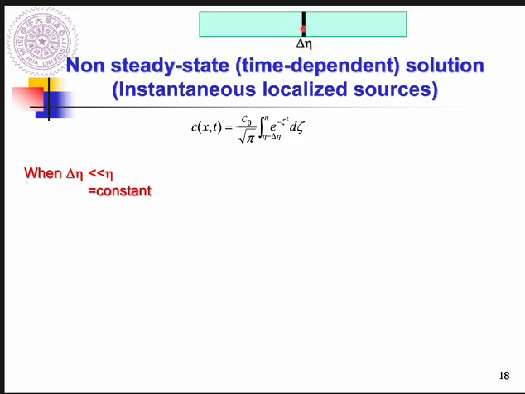How thick it is, delta iota is much smaller than the whole length or whole thickness, so much smaller than iota.